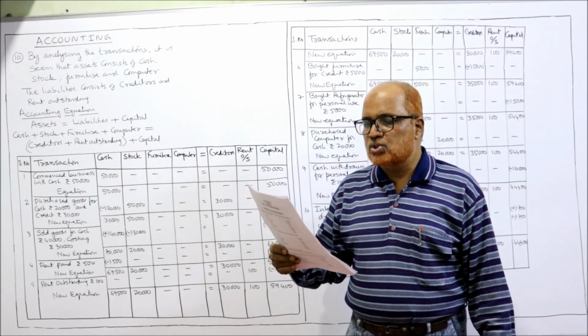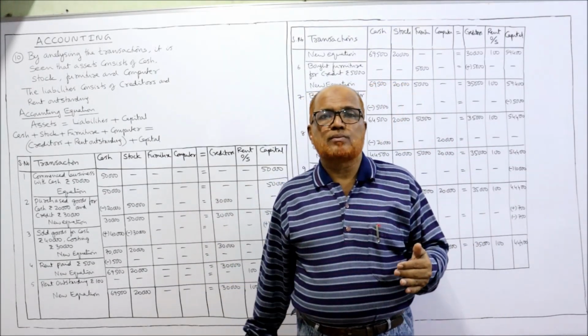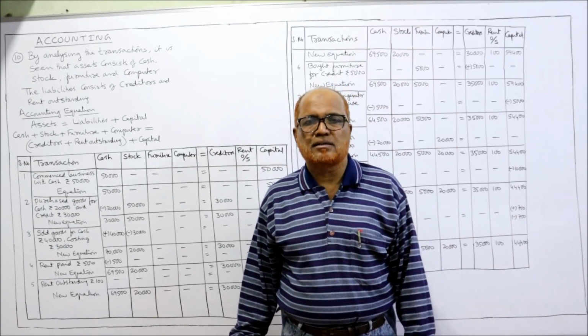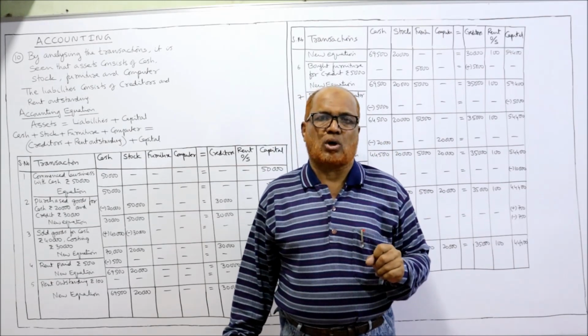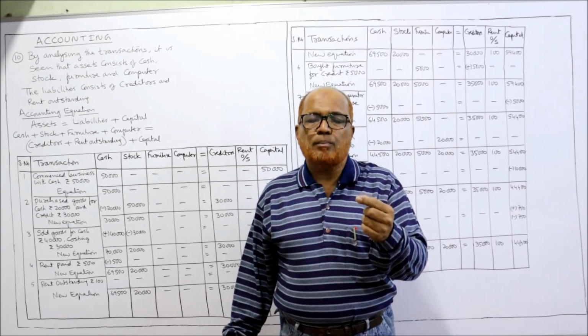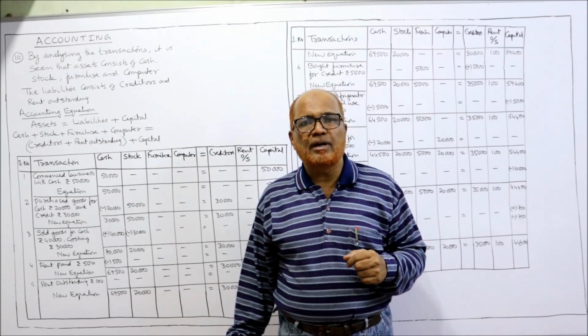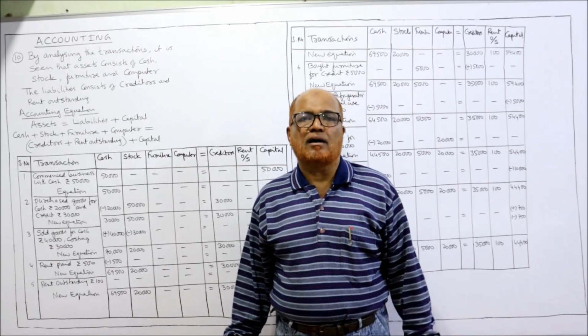Next, purchased goods for cash and credit. When we purchase the goods, our stock will increase. Stock is an asset. So we need a column of cash and a column of stock. And when goods are purchased on credit, it is a creditor, a liability. So under liabilities, one liability is creditors.